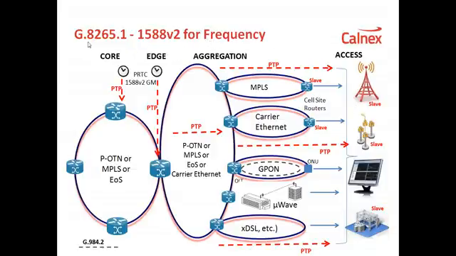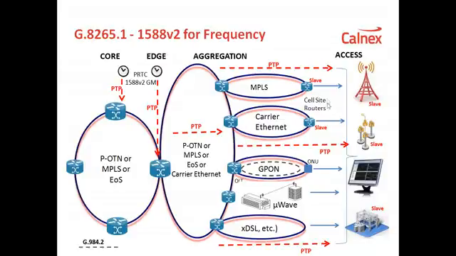For frequency, the G.8265.1 recommendation talks about having a primary reference clock or a grandmaster in the core or the edge of the network, and slave clocks at the end of the network in the access points. For example, built into the node B or in the cell side routers.